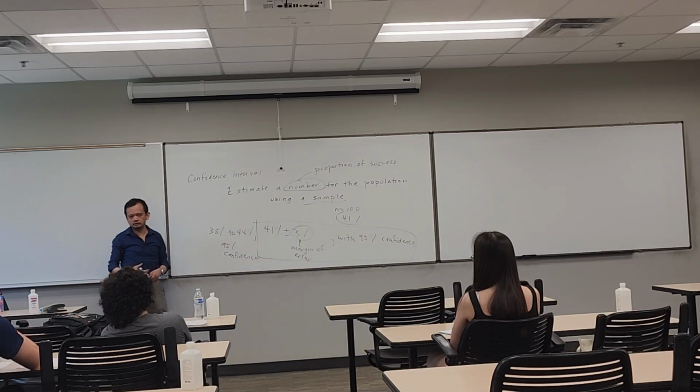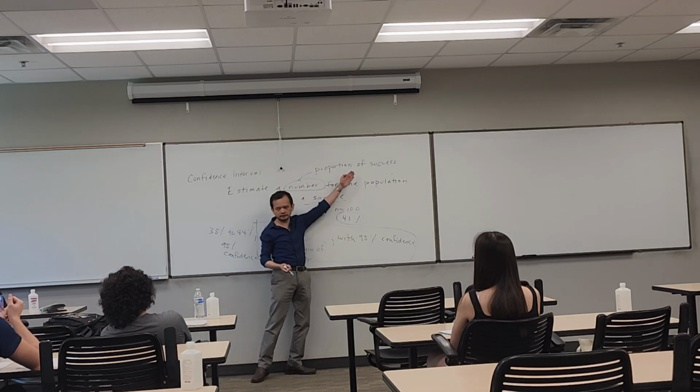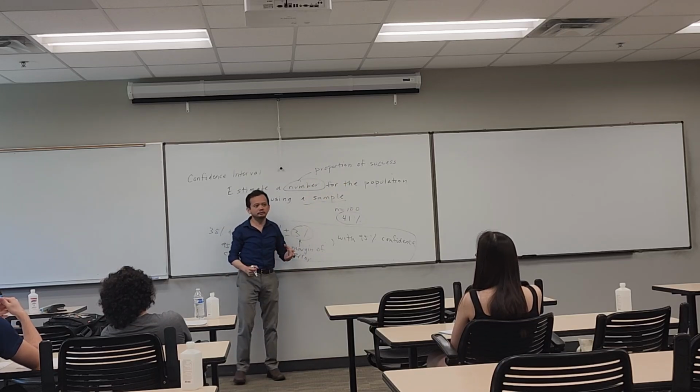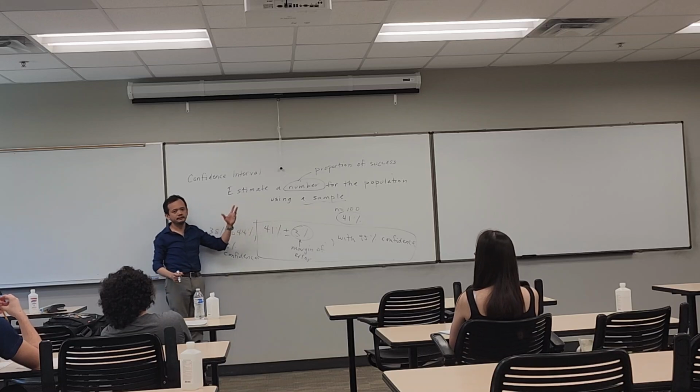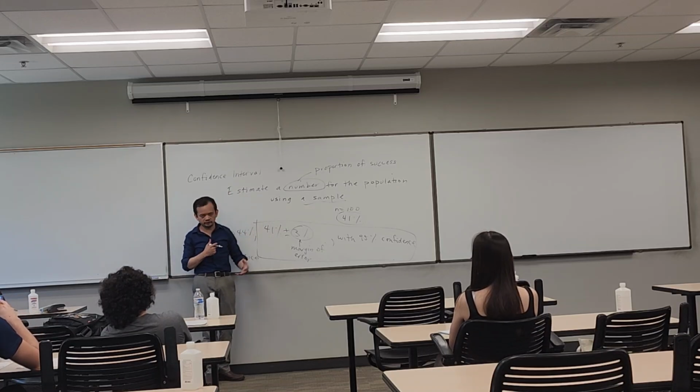But there are lots of other types of numbers that we care about, and not just proportions of successes. So in today's class, based on what we've already talked about, we'll extend this idea of confidence intervals into different types of numbers that we care about estimating for the population using a sample.